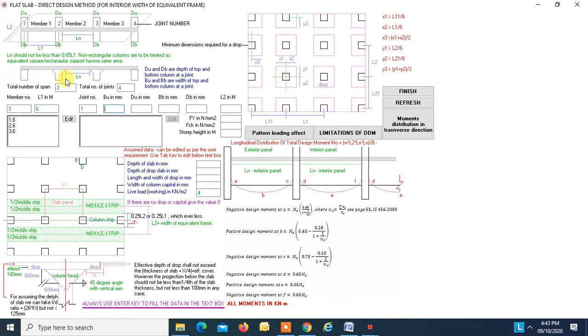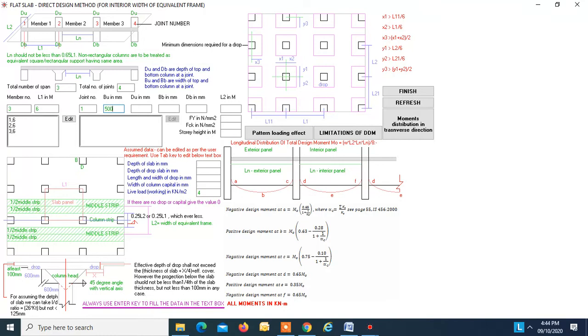Adjoint one. BU is the width of the column above the flat slab, and DU is the depth of the column above the flat slab, and BB is the width of the column below the flat slab, and DB is the depth of the column below the flat slab. All dimensions are 500.